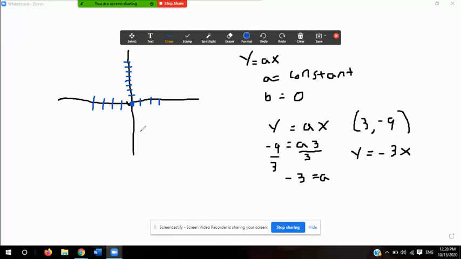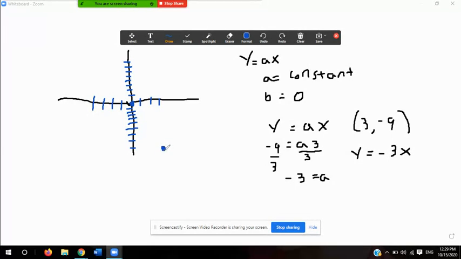And then we're going to do the same thing down here, right? Okay, so 3 and negative 9 would be 3 and negative 9 down here. And that would be it.